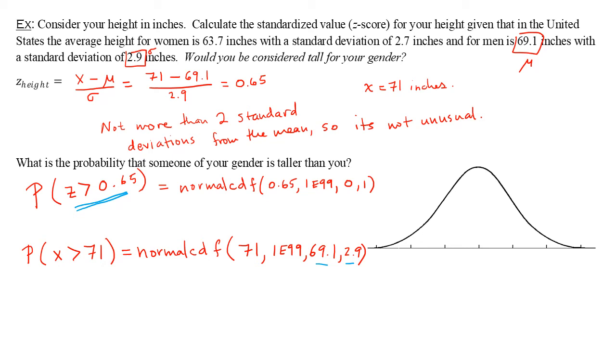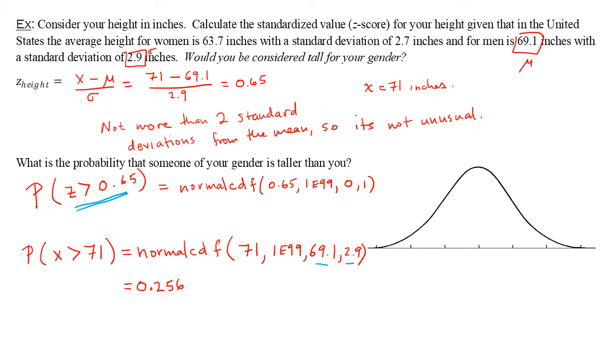So in any case, if I were to enter these values into my normal CDF, we have a lower value of 71, upper value of 1e99. Here I'm going to make sure to put the mean of 69.1 and a standard deviation of 2.9. And that'll give me a probability of 0.256. There we go, okay.